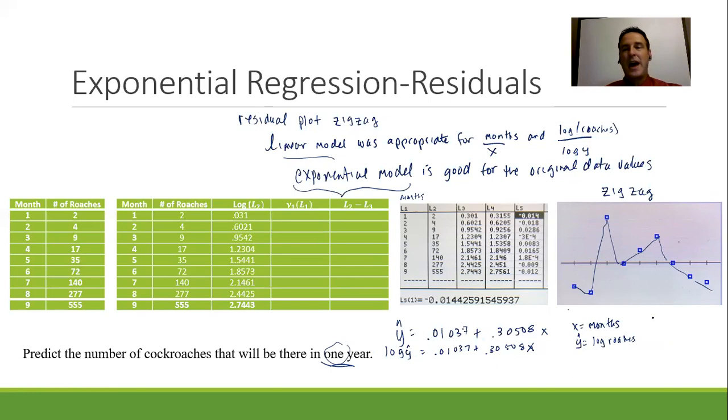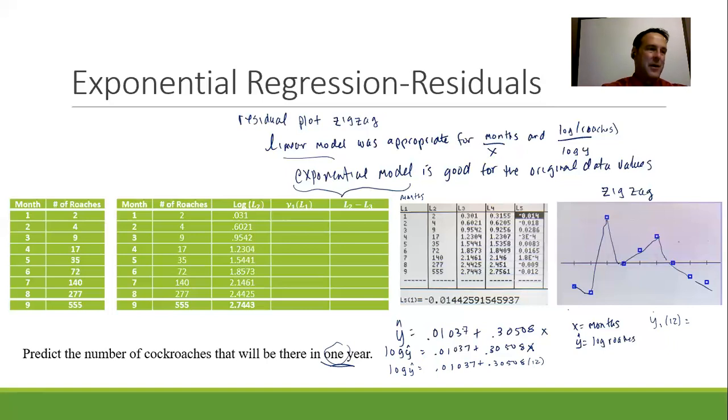Now, if you have your y1 stored, you can just do this. You could say y1 of 12, and it'll give you an answer. And so I'll say the log of y is equal to, and we'll just plug in 12.